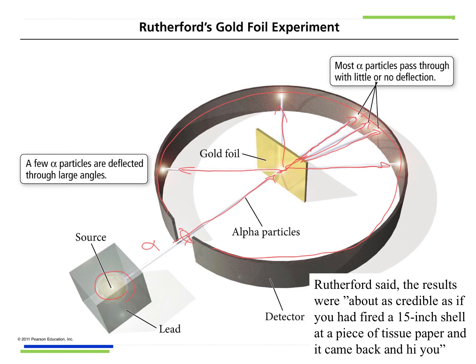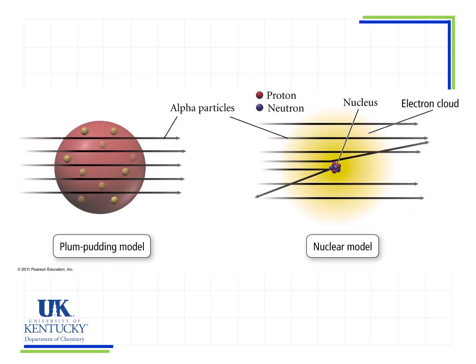If the plum pudding model were right, the alpha particles should just pass through the atom without any problem, and all of the rays should hit the back of the gold foil.